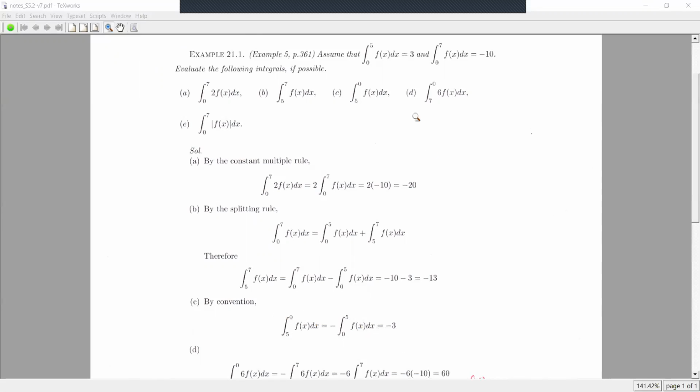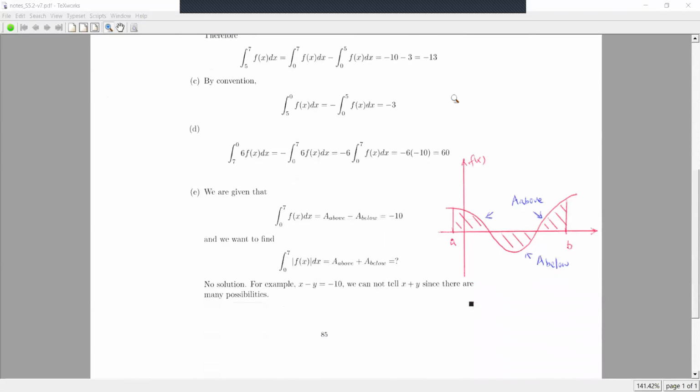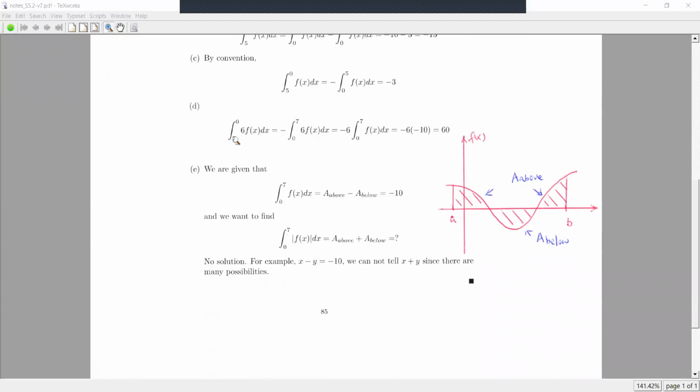Now, D, find the integral from 7 to 0 of 6 times f. For 7 to 0, let me switch the lower limit and upper limit by adding a minus sign in front.